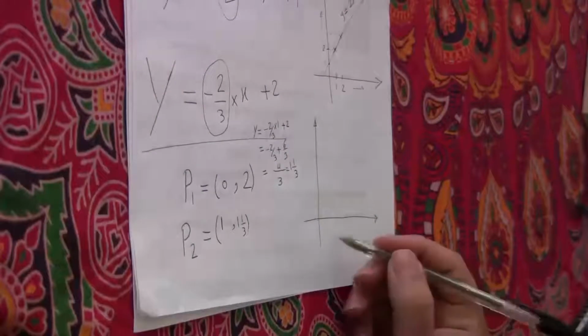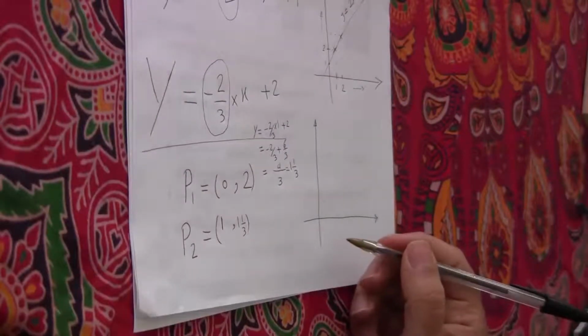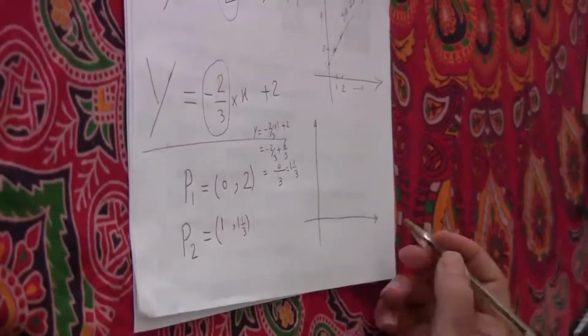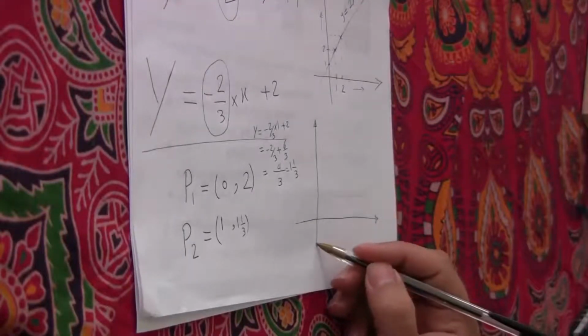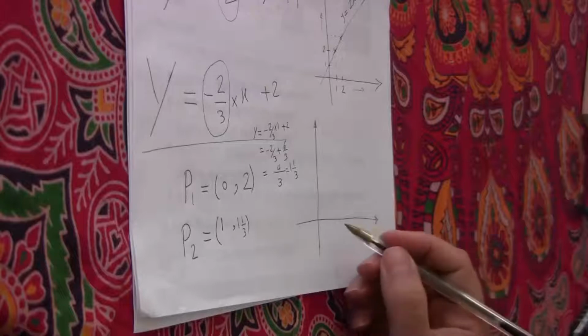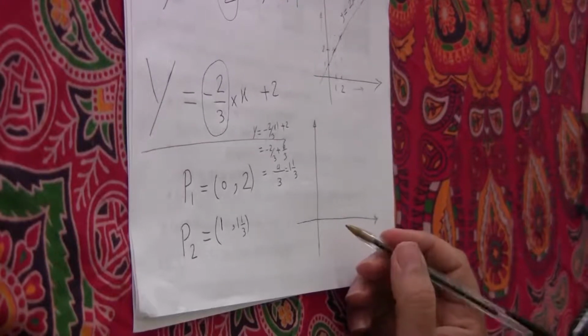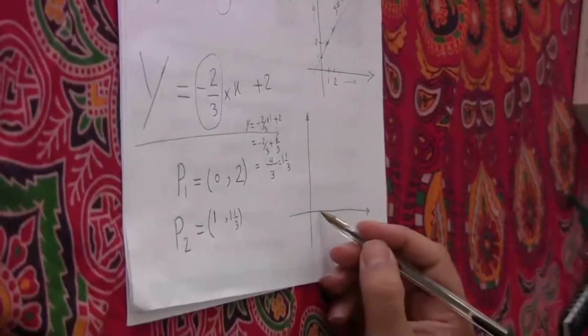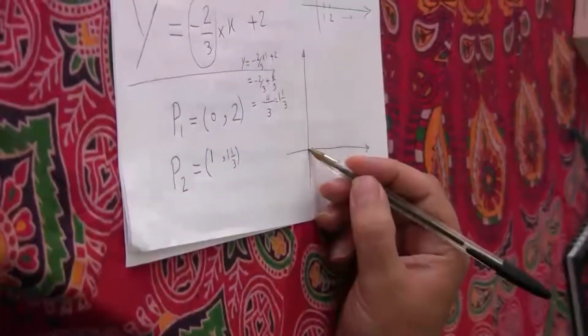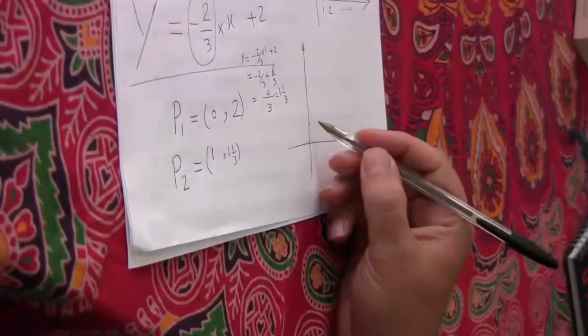We need just find these 2 points here and connect them to each other. The first point, when x is 0, y equals 2.